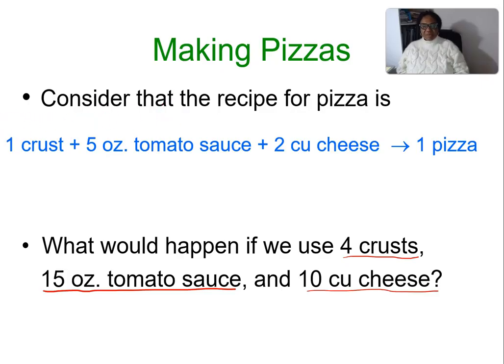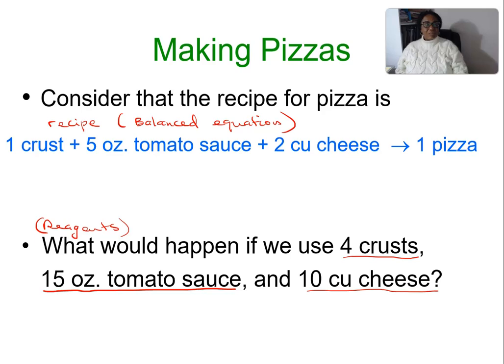So this is our recipe. In chemistry, we can say it's our balance equation. And these are the reagents that we want to use. We want to find out how much quantity of the substance we're going to have.